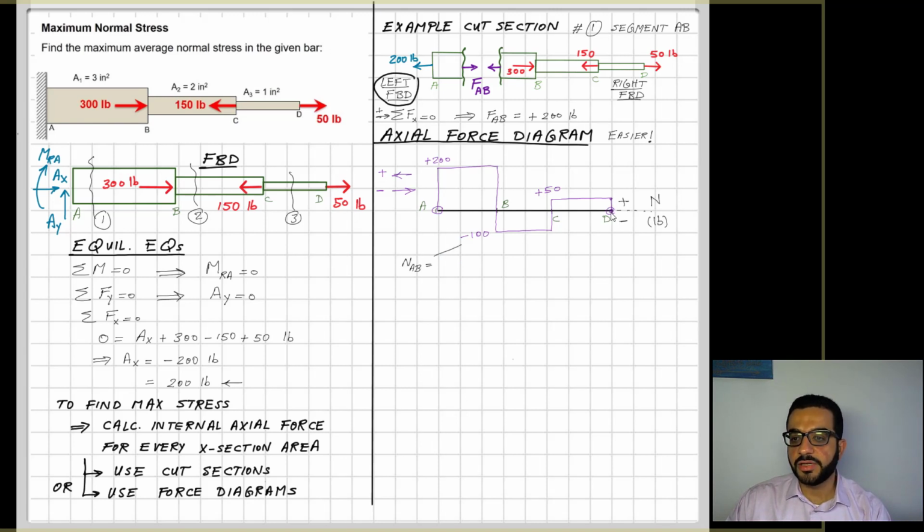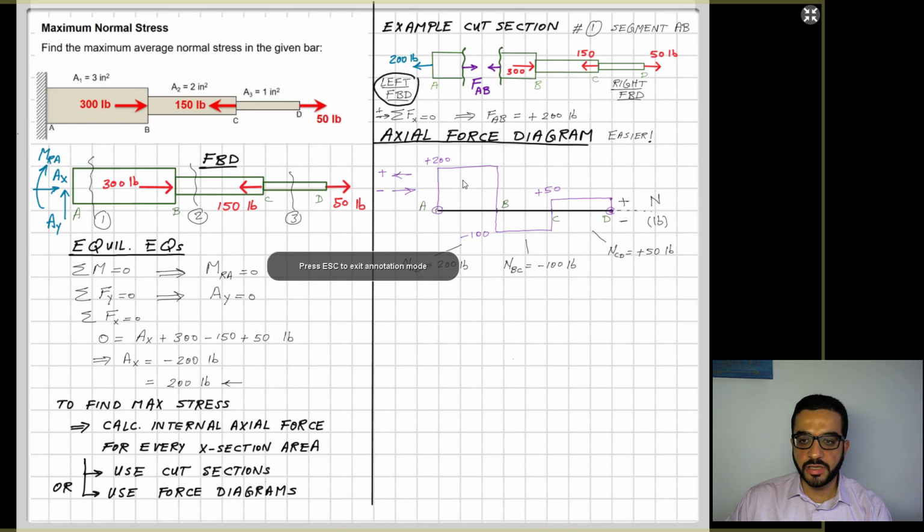Now I can see that every segment of this bar has a different internal axial force. I call axial forces N. But I can't clearly say which section has the largest stress.